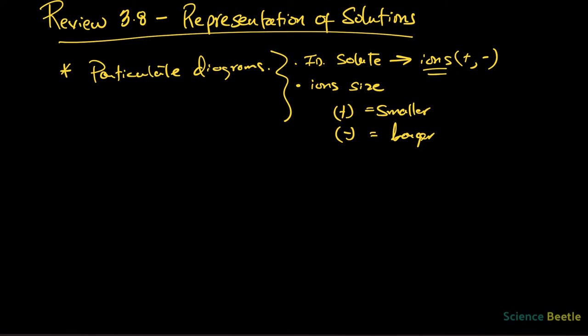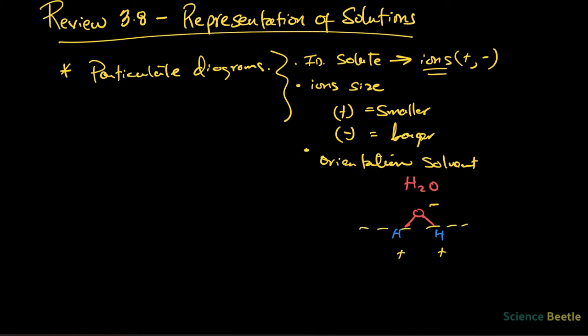And then the other item with regards to particulate diagrams is that you also want to make sure that you are representing any orientation of, say, the solvent molecule. And in this particular case, the molecule that we're looking for here is water. Make sure you're able to represent it properly. As before, we know that the water molecule has these kinds of arrangements, negative on this side, positive at the bottom here.